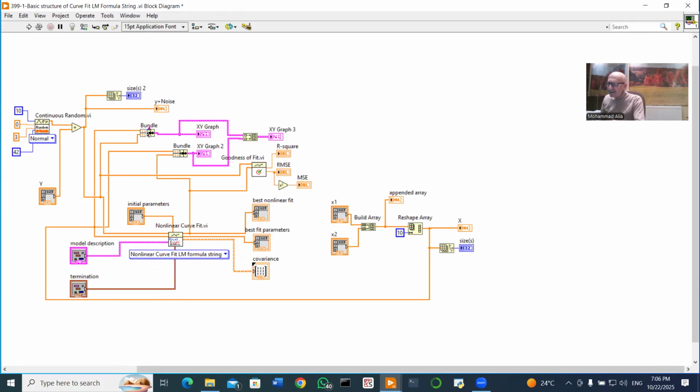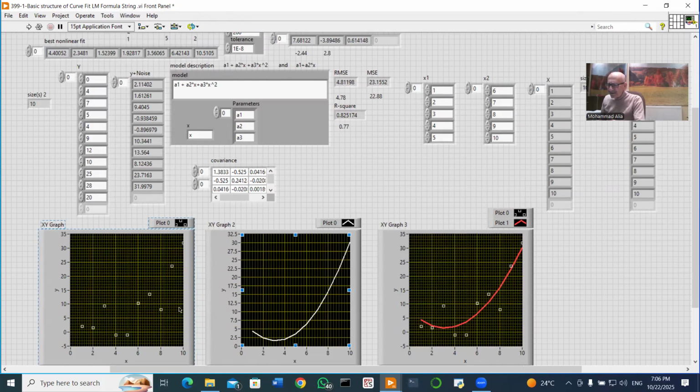So now I can get here a curve. If I look at it, this is the initial spread of values with noise. Here is the curve. Here is the best fit of the curve relative to the initial values.